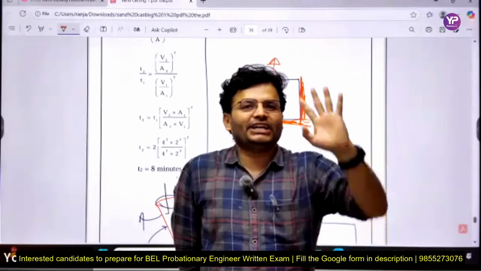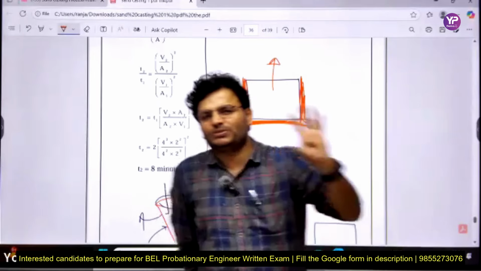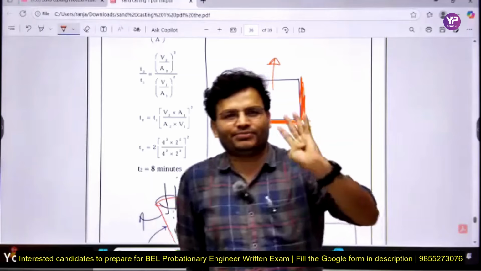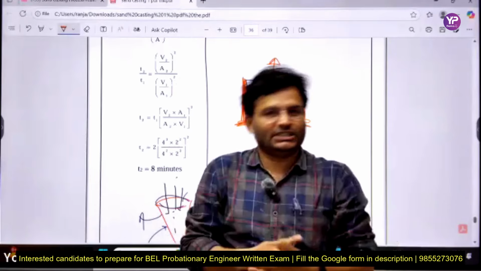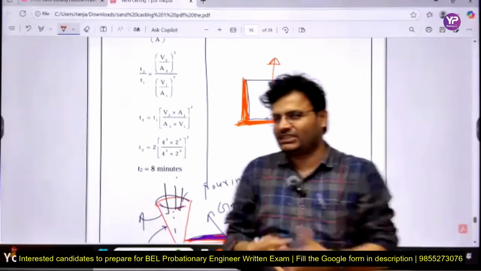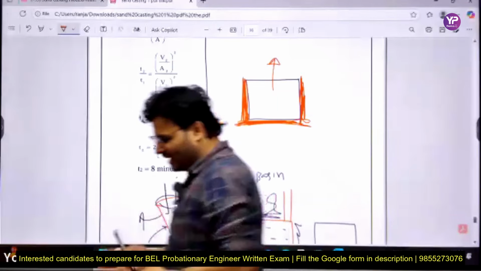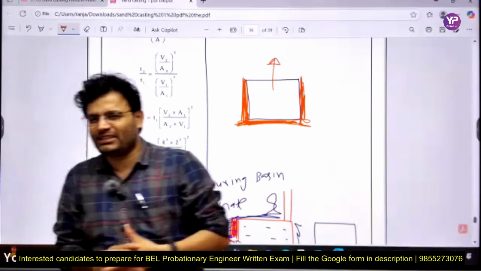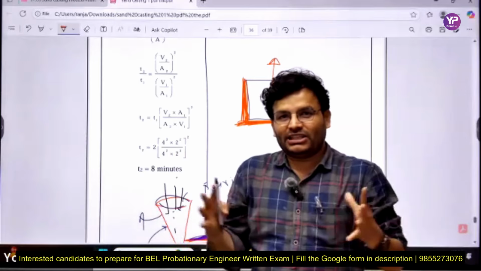Another example is bismuth: when it solidifies, its volume again increases. In certain cases, gray cast iron also shows the same thing. Other than that, aluminum and all other products contract when they solidify.